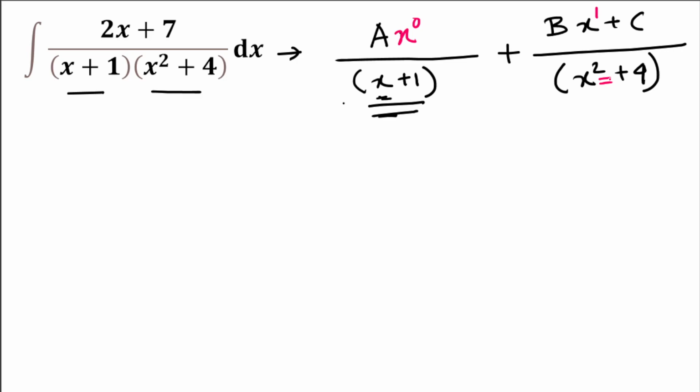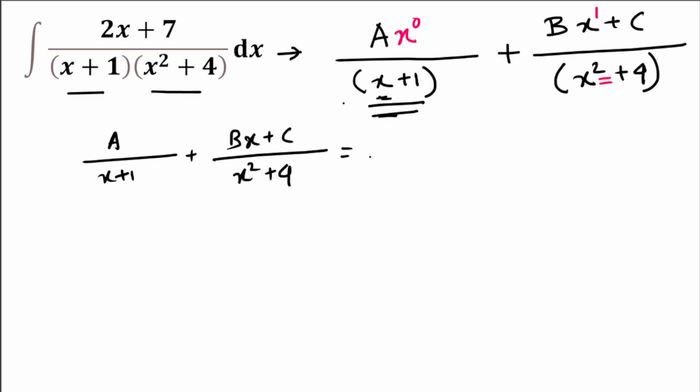Okay, now if you do this, what we have in our hand right now is A by x plus 1 plus Bx plus C, and here it is x square plus 4. If you calculate this particular term, here it will be x plus 1, here it will be x square plus 4.